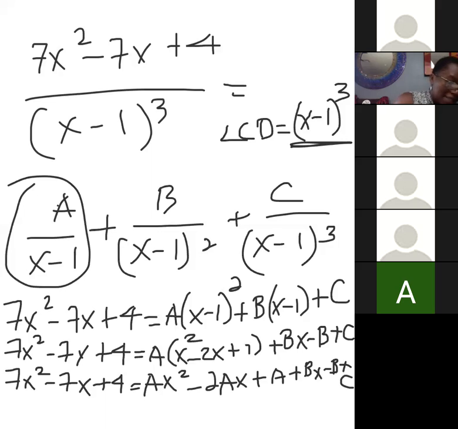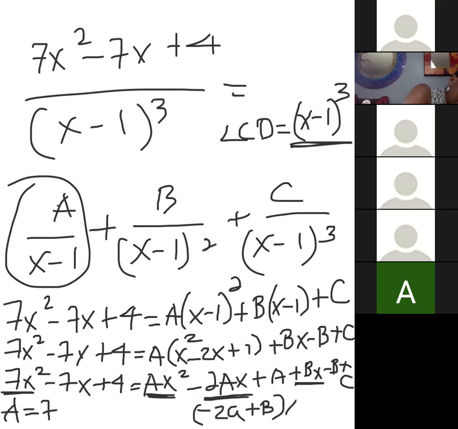So here we go, guys. This is Ax squared. This is 7x squared. So that means A will equal 7. Now we have an x term here and another x term here. You want to factor out the x's. And when we factor out the x's, we're left with negative 2A plus B times x.